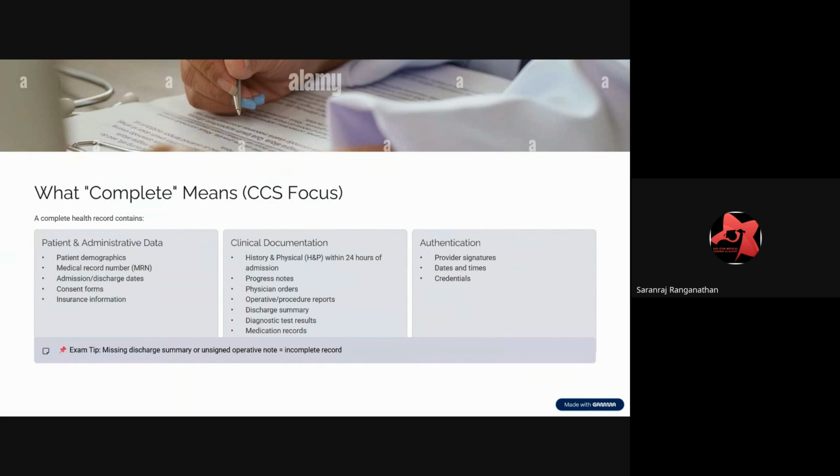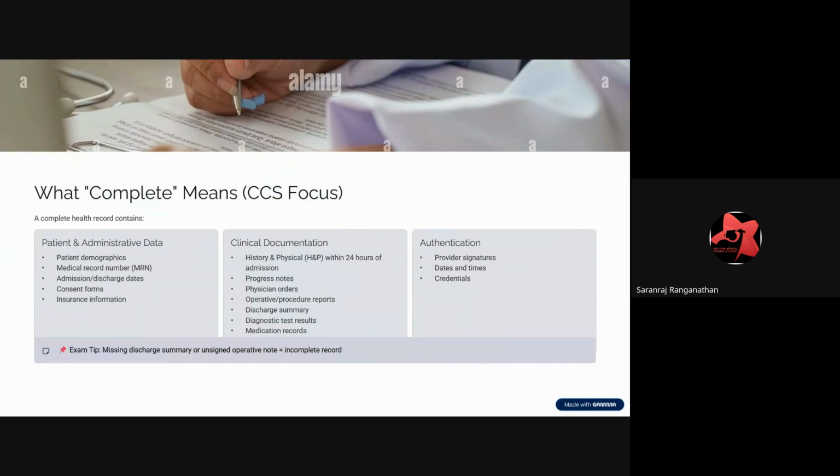Those dates: date of birth, service provided date, operating date, and discharge date. Also the patient consent form, insurance information, patient ID, MRN, visit number, account number, patient name, first name, last name, middle name, surname, patient address, IP address, and residential address. Everything together we call patient and administrative data. That is demographic data.